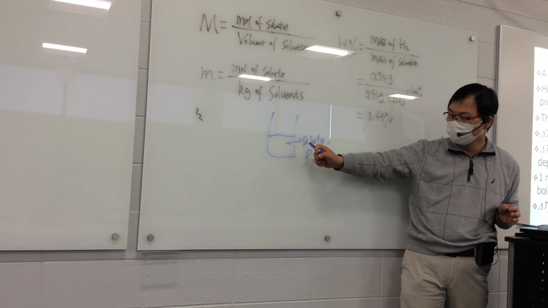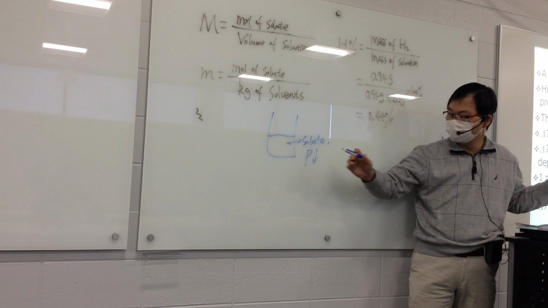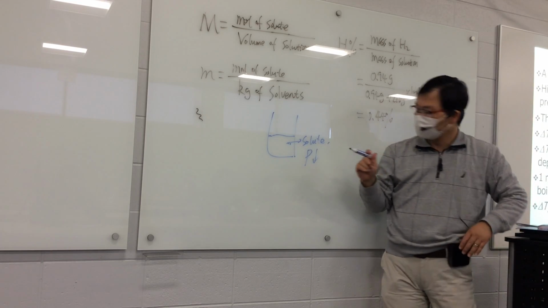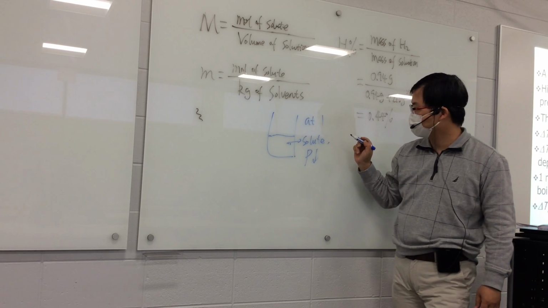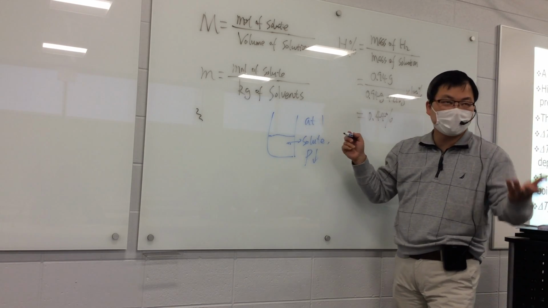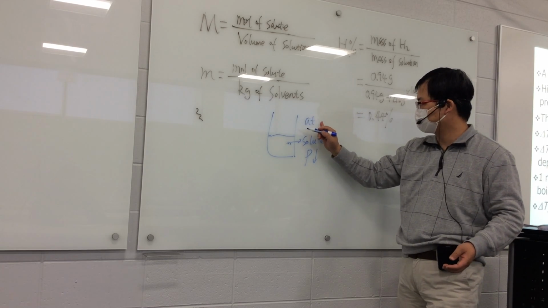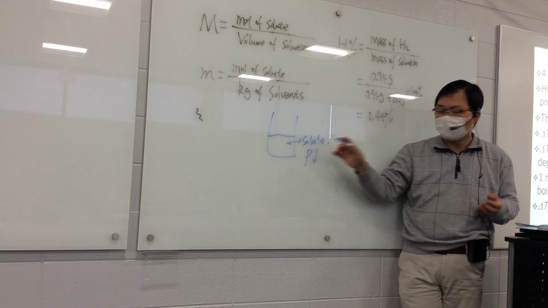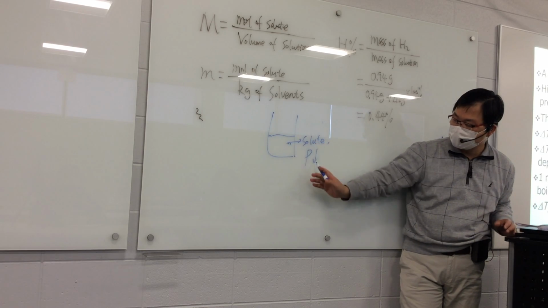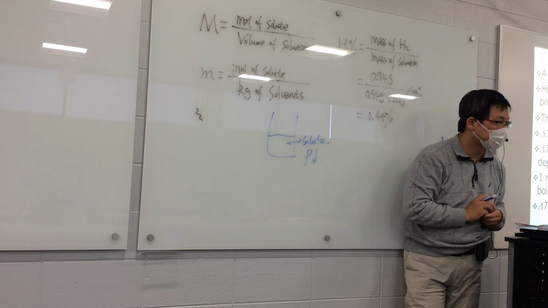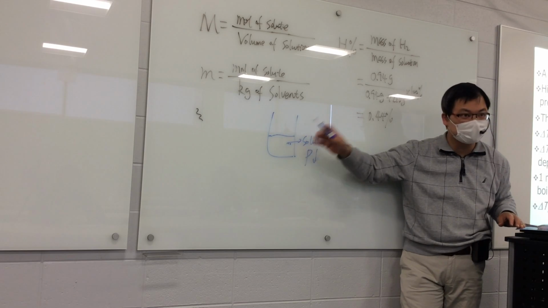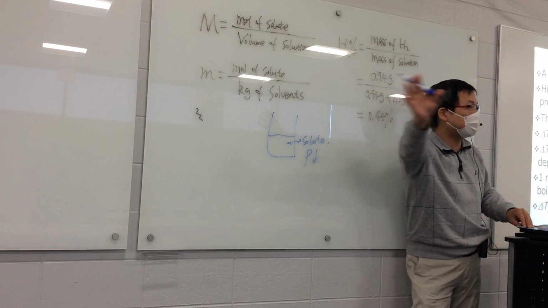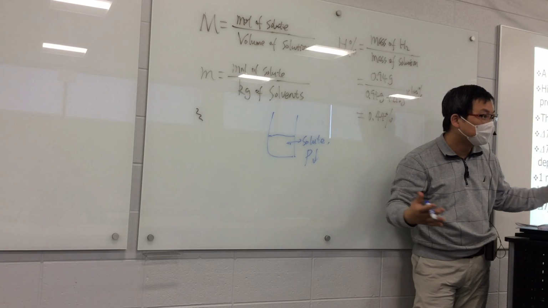At regular conditions, when you add a solute, the vapor pressure decreases. But you still want the vapor pressure to be equivalent to the atmospheric pressure. What can you do?